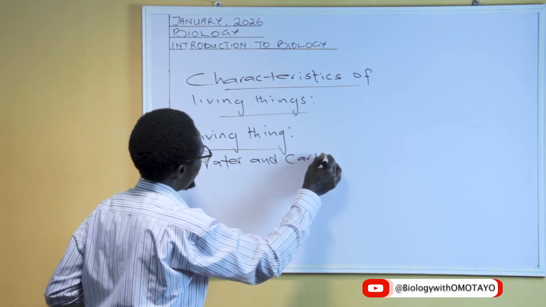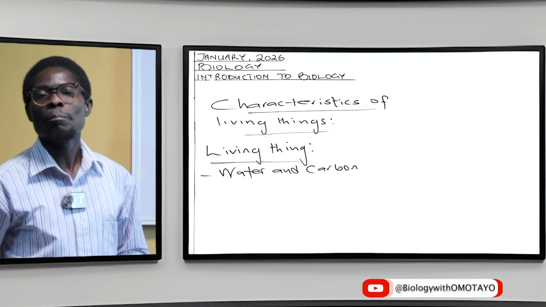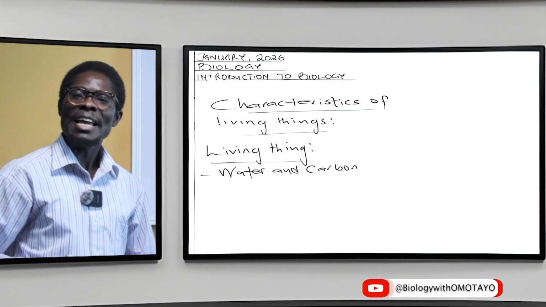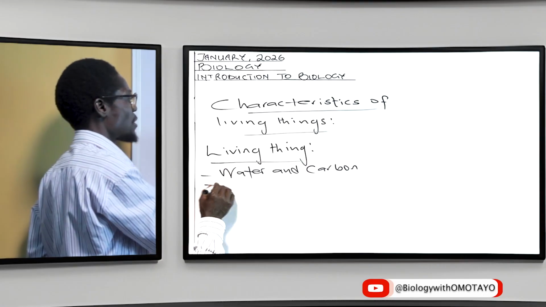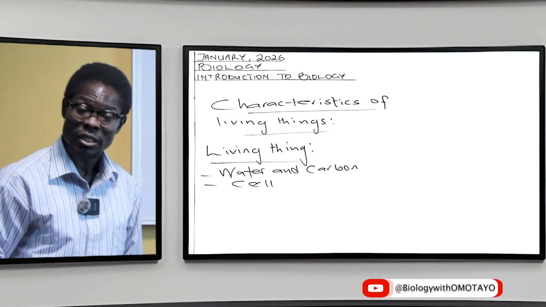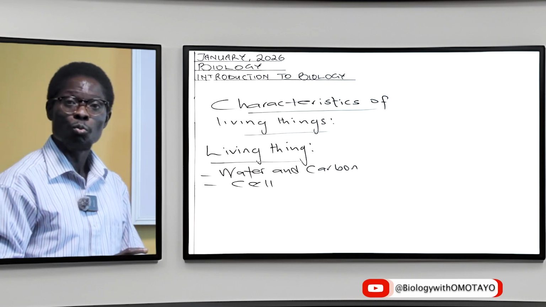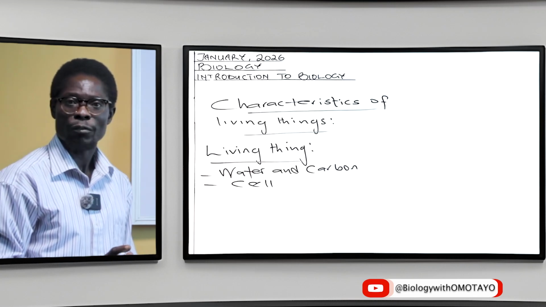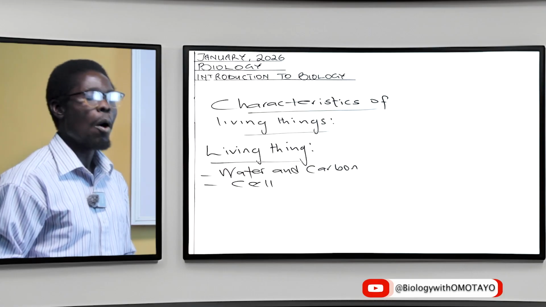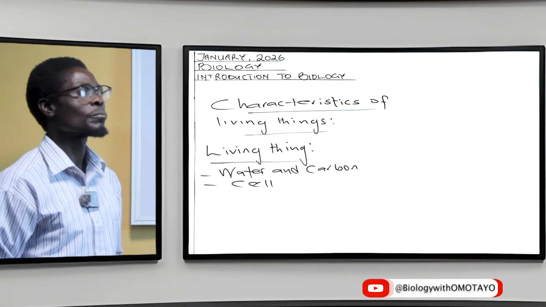They are basically made up of water and carbon. Secondly, they are made up of cells, either as unicellular or multicellular organisms, in whichever form, either as filaments, or cells existing as a colony or multiple cells.